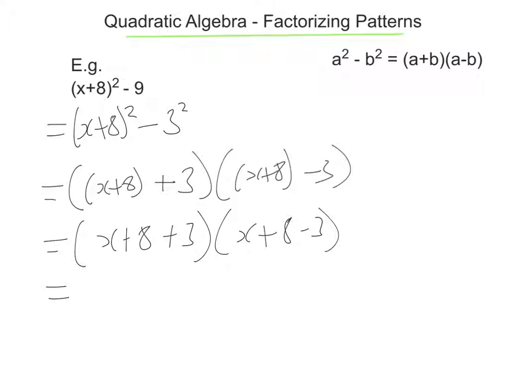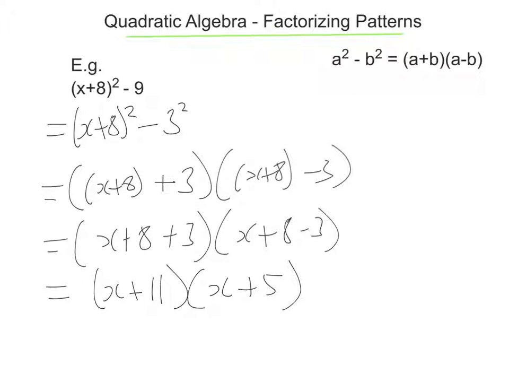In the first bracket, you've got x plus 8 plus 3. Well, 8 plus 3 is 11, so I can write x plus 11. In the second bracket, I've got x plus 8 minus 3. That's the same as x plus 5, because 8 minus 3 is 5, and they're like terms, so I can add and subtract them. They're actually both constants, aren't they?